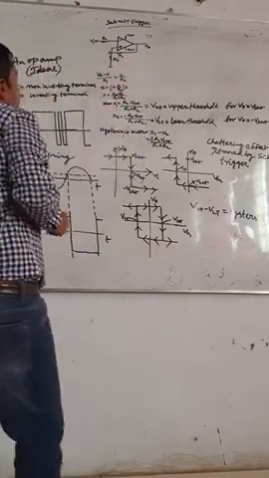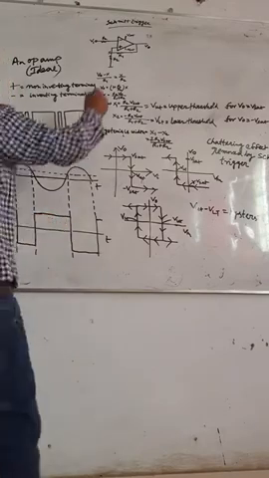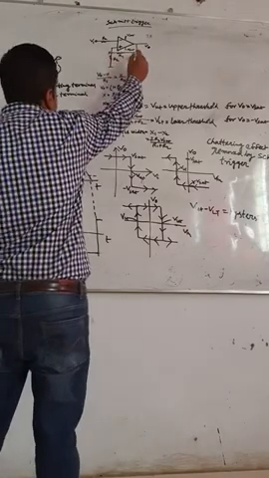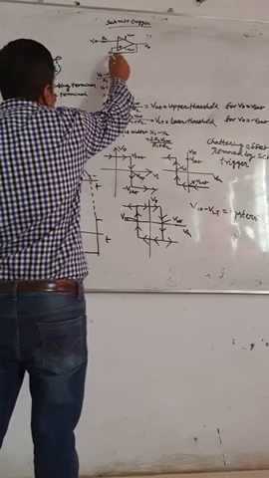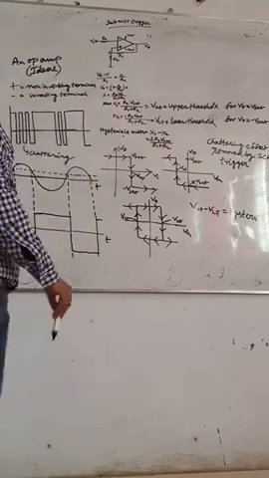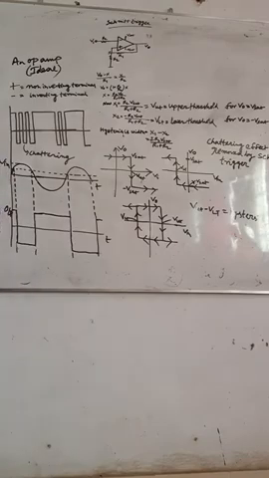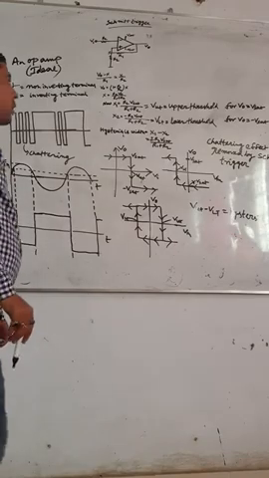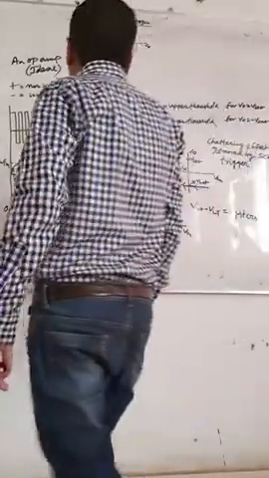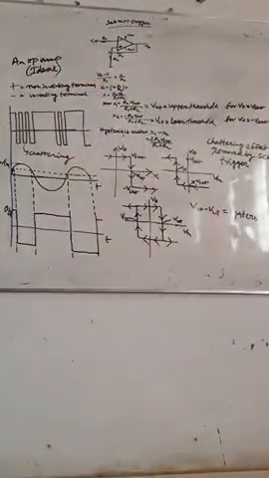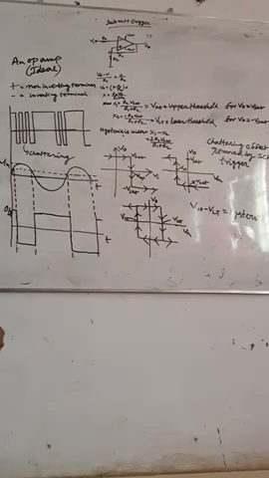R1 is fed back from the output to the non-inverting terminal directly. Then it is grounded using the resistance R2. Let's find out the output of this op-amp.